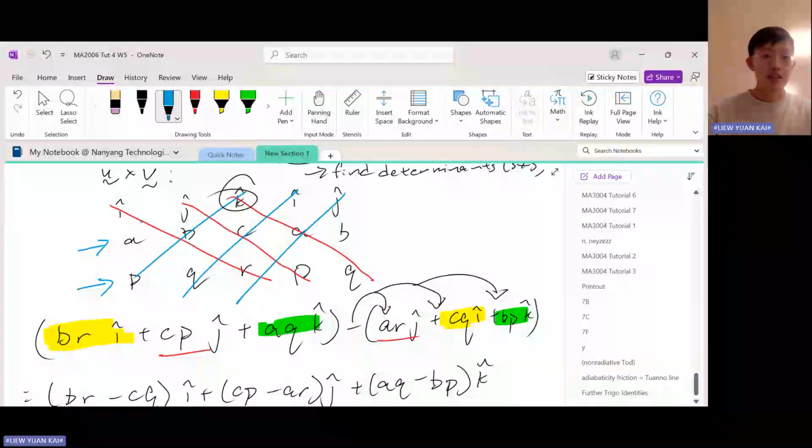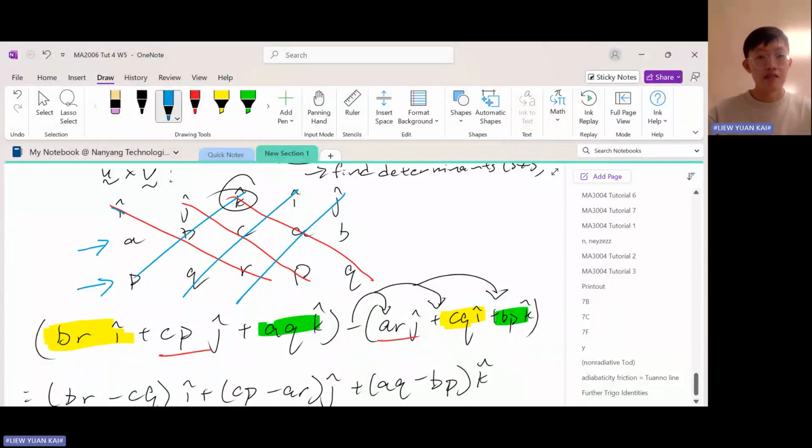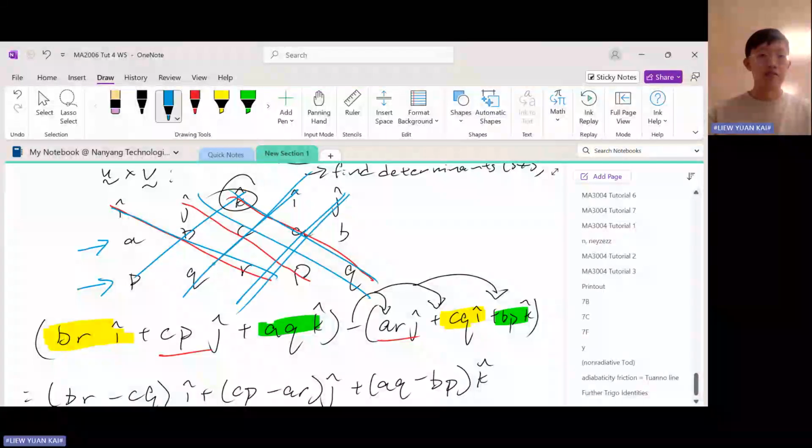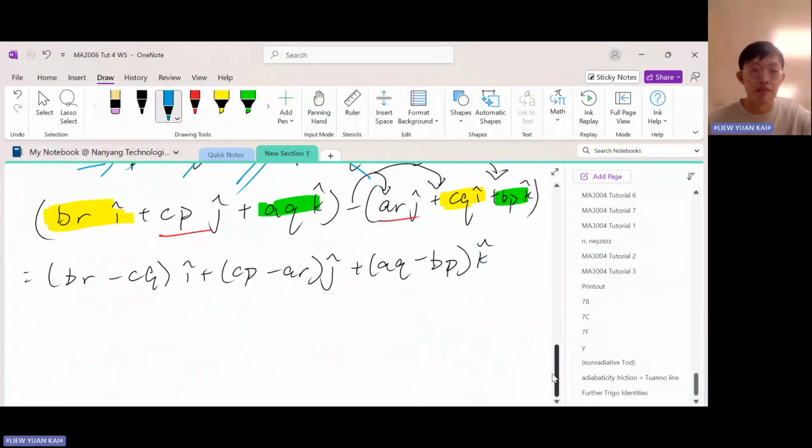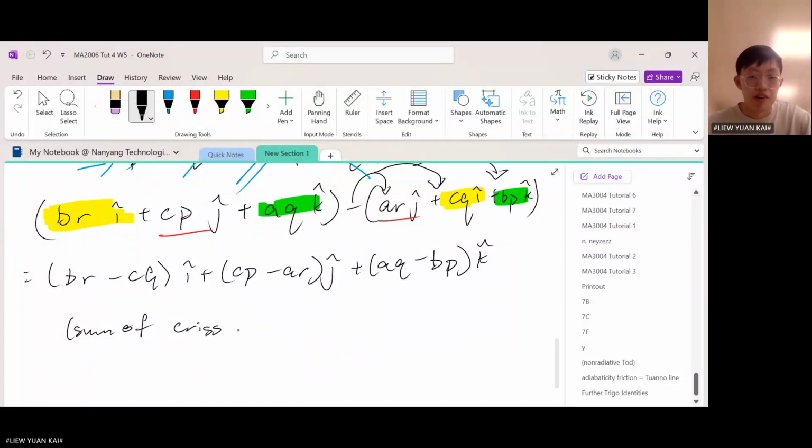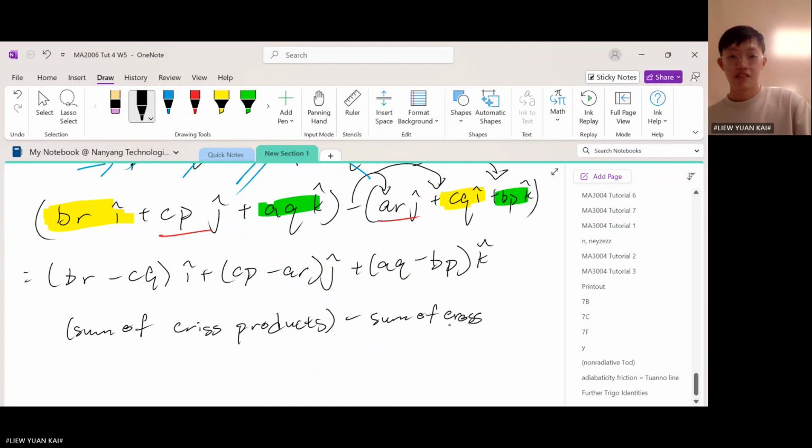The criss means I take the product of these terms, minus away the sum of the crosses. In essence, the determinant can be found by the sum of criss products minus the sum of cross products.